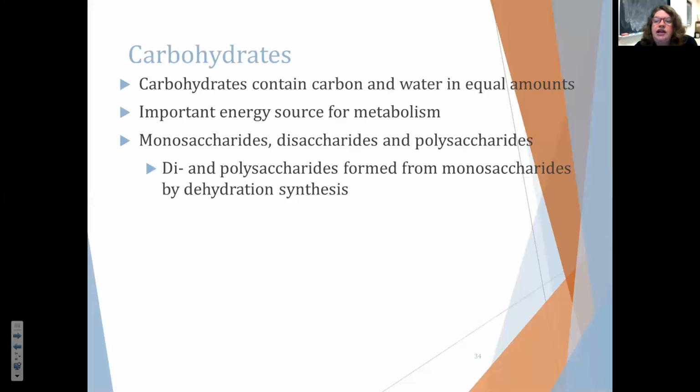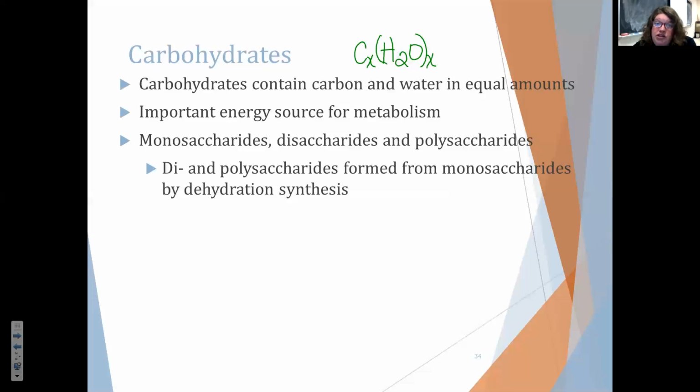Carbohydrates are called carbohydrates because they contain carbon and, sorry, carbon and water in equal amounts. So the basic formula is however many C's you have, that's how many H2O's you have.